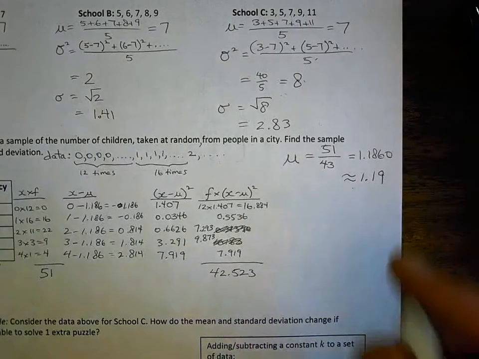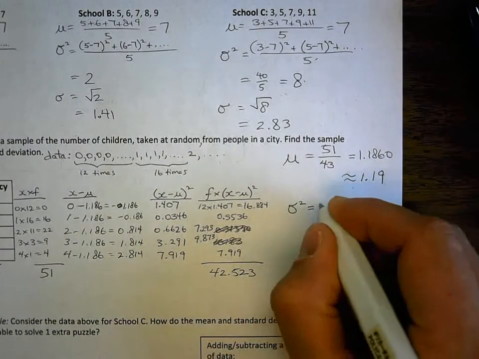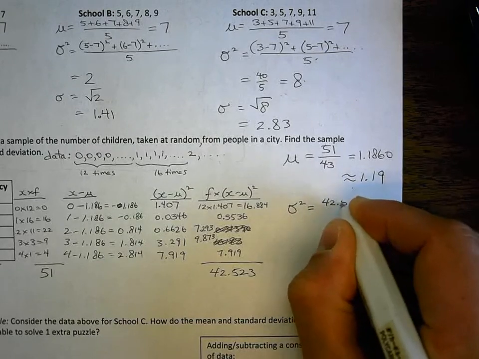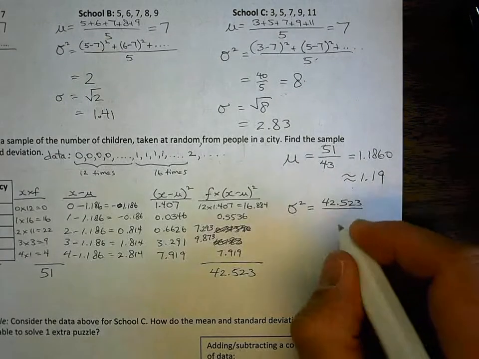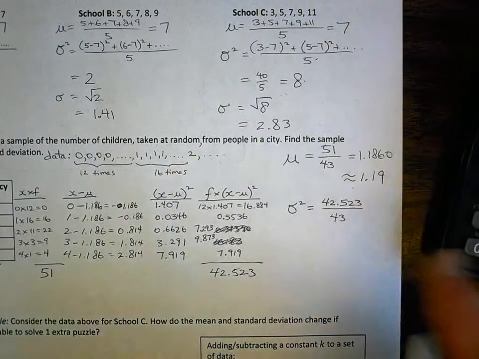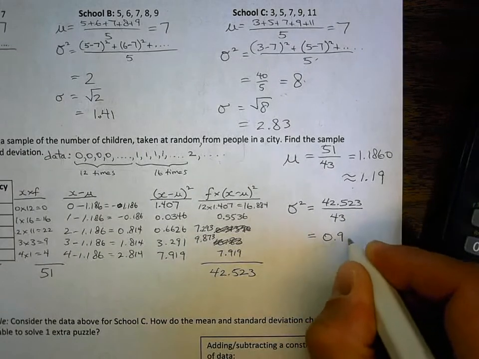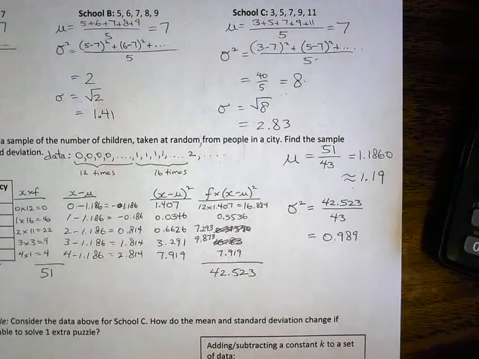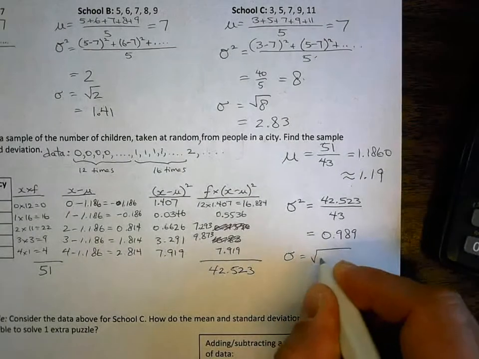Oh, okay, now we have it. Variance is equal to that number, that addition of all of those squares, divided by the total number of points, which is 43. So I get 0.989 for my variance. My standard deviation is the square root of that number.